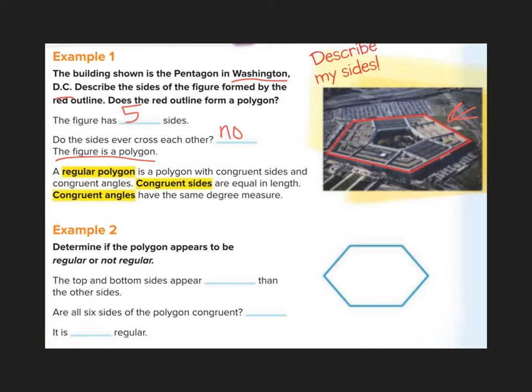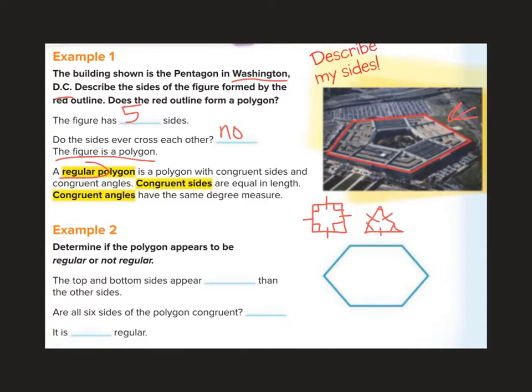A regular polygon is a polygon with equal sides and equal angles. Okay, so regular is how we describe a square, right? A square is regular. All of the angles are 90-degree angles and all of the sides are equal length. So a square is regular. An equilateral, acute triangle is called a regular triangle because all the sides are the same and all the angles are the same.